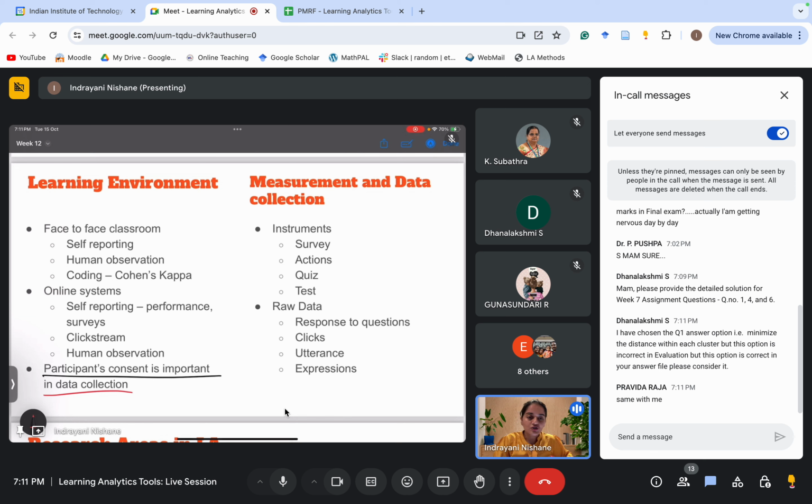Okay, sure, we'll take it up, and I will also take it up with the TAs of the course week 7. And if you have more such questions, not about discrepancies in what is given in the solution, but where you need a more detailed understanding of how the solution is found, please list them down.